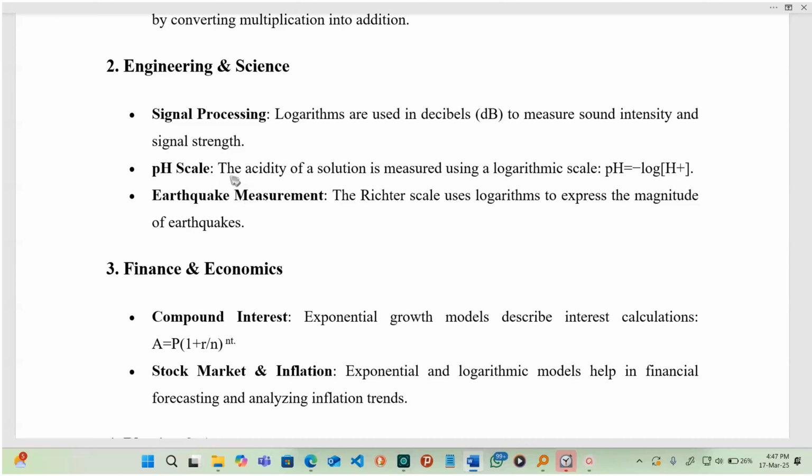And this is to tell you the acidity of a solution, and therefore you need a logarithmic scale. Then earthquake measurements, we use the Richter scale. This uses logarithms to express the magnitude of earthquakes.